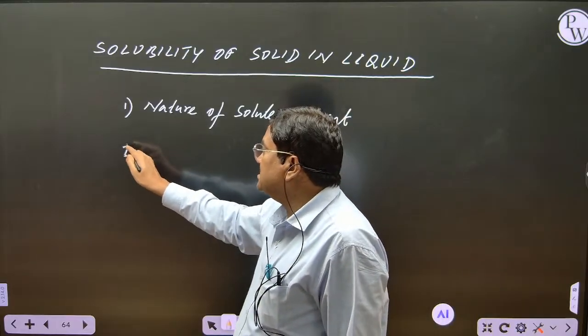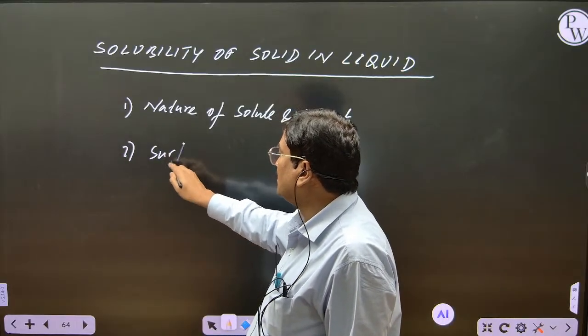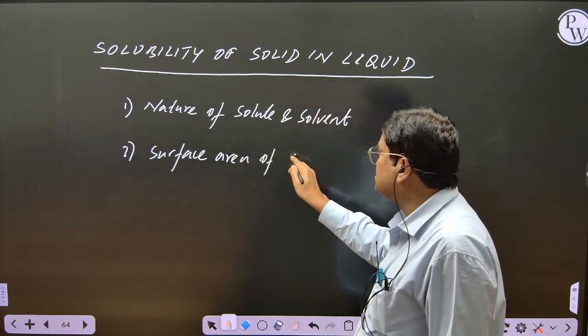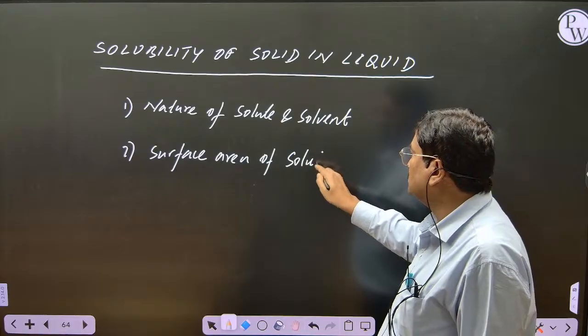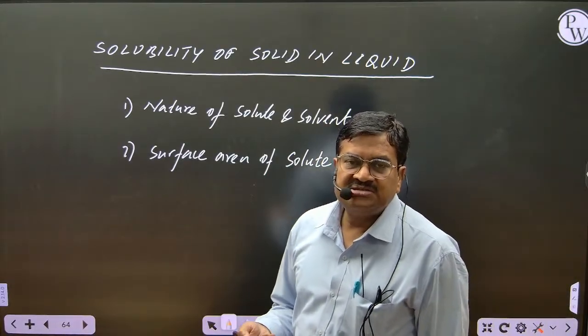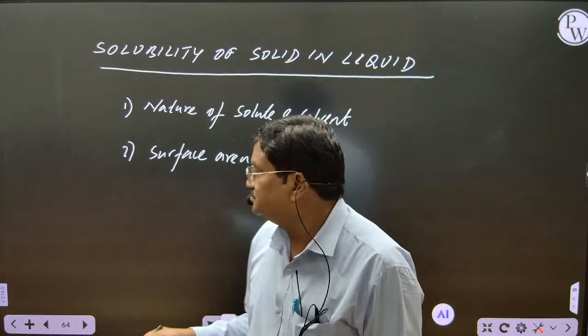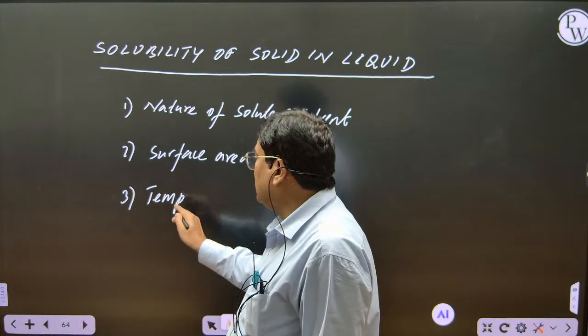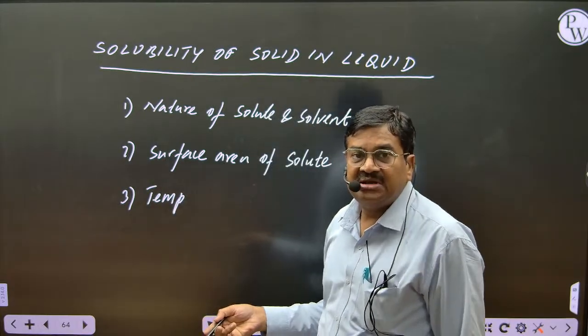Second factor, it depends on surface area. Surface area of solute, that is solid. The third factor, it depends on temperature. What is the third factor? You people studied in 11th class, Le-Chatelier principle.